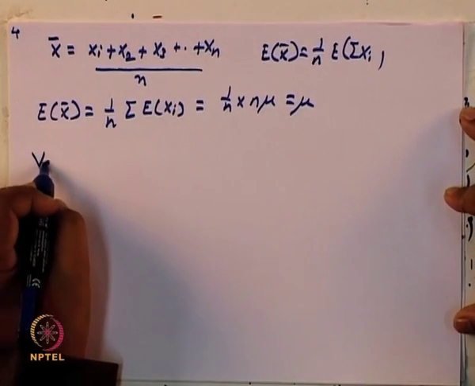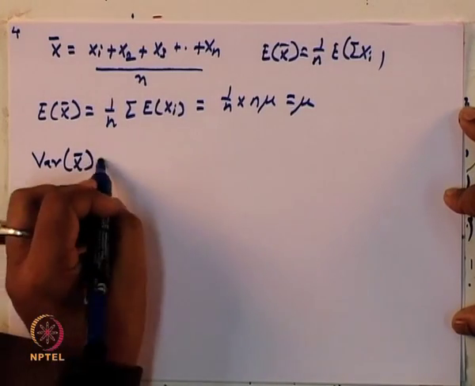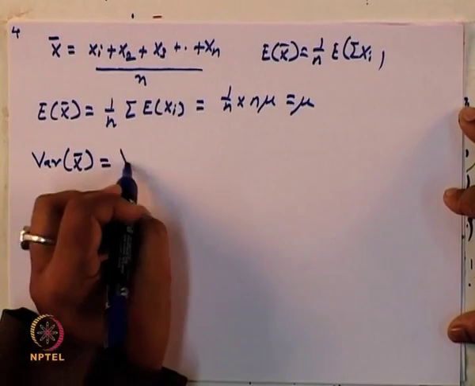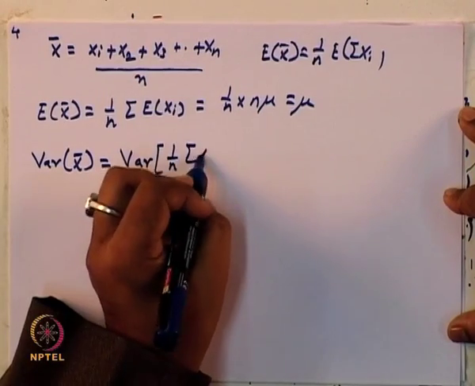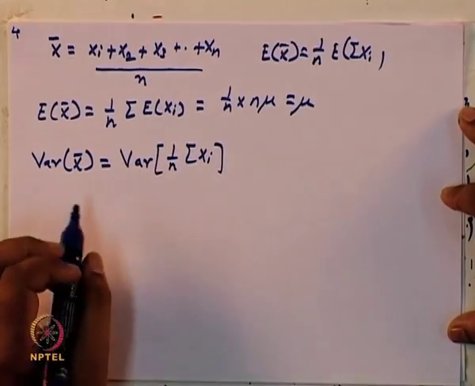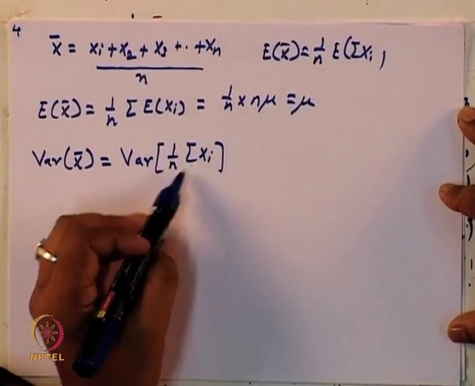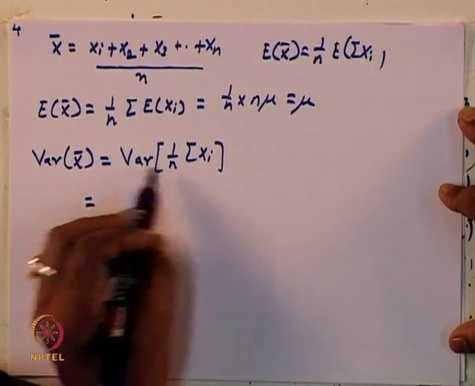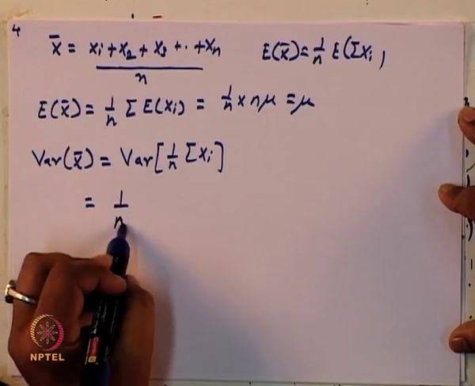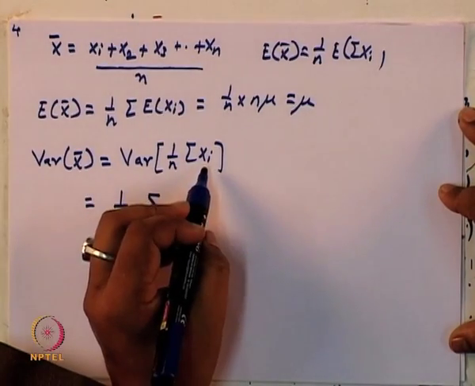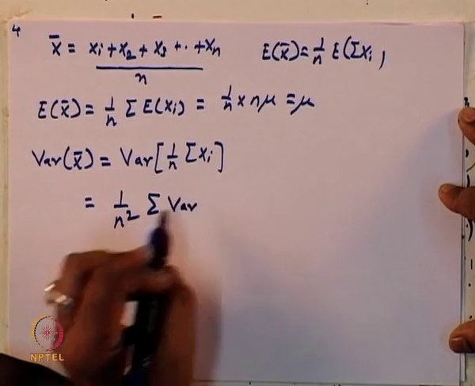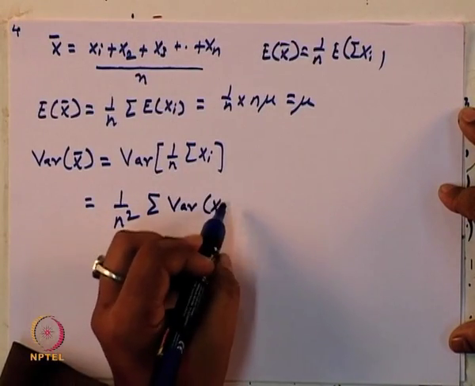And what about the variance of x bar? The variance of x bar is the variance of 1 by n into summation xi. This 1 by n is a constant, so if you take it out, you scale it by 1 by n square as we have derived earlier, and because these xi's are independent, I can simply write summation variance of xi.